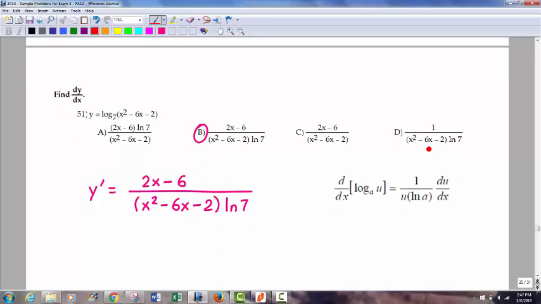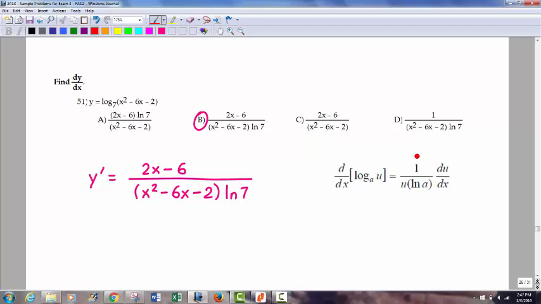Okay, now we have the derivative of log formula. So you see what the log derivative formula is. It's 1 over u, ln of a, du dx.